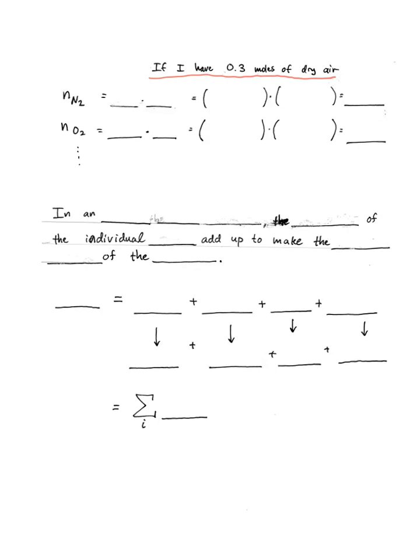Well, the number of moles of N2 is going to equal the number of moles of air times the mole fraction of N2. And so if we look back, we get 0.3 moles of air times the mole fraction of N2, which is 0.7808.